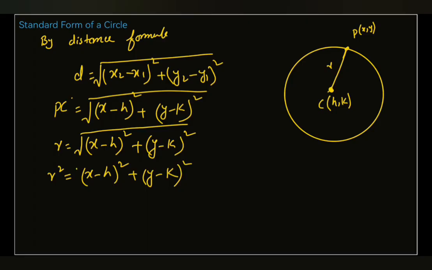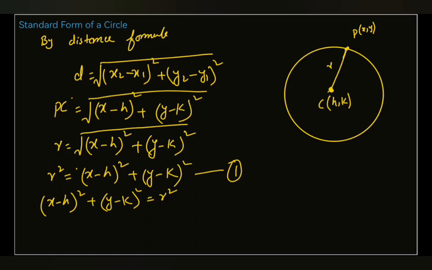So this is the standard form of the equation of a circle. This equation 1 is the standard form of the equation of a circle. We can arrange it as (x minus h) whole square plus (y minus k) whole square is equal to r square. So this is the equation of a circle.